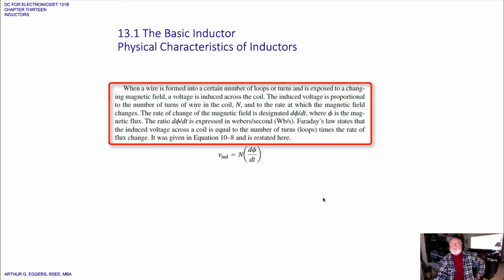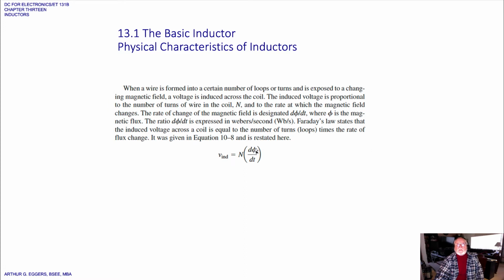The induced voltage then is proportional to the number of turns of wire in the coil, N, and the rate at which the magnetic field changes. The rate of change of a magnetic field then is designated now as the d phi by dt, where phi is the magnetic flux. The ratio of d phi by dt is expressed in Webers per second.